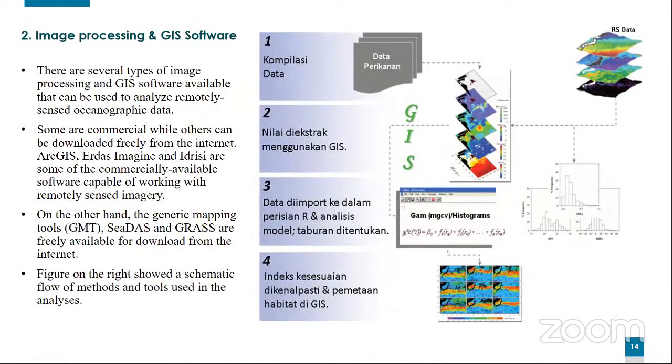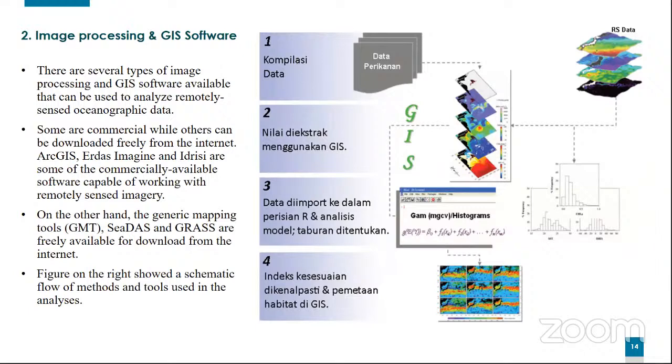So, image processing and GIS software. There are several types of image processing and GIS software available that can be used to analyze remotely sensed oceanographic data. Some are commercial, while others can be downloaded free from the internet.